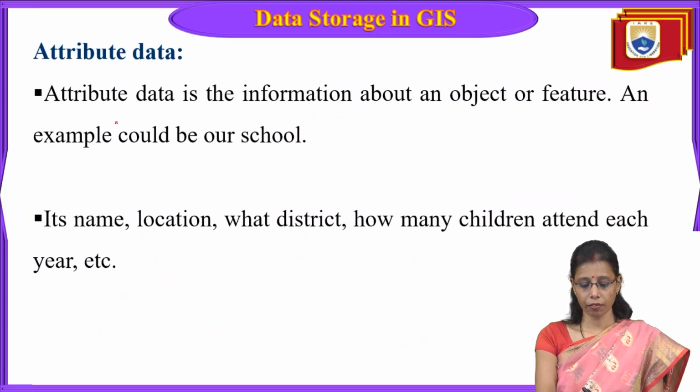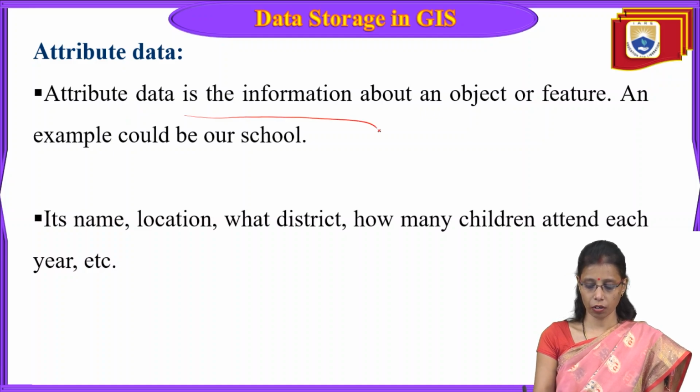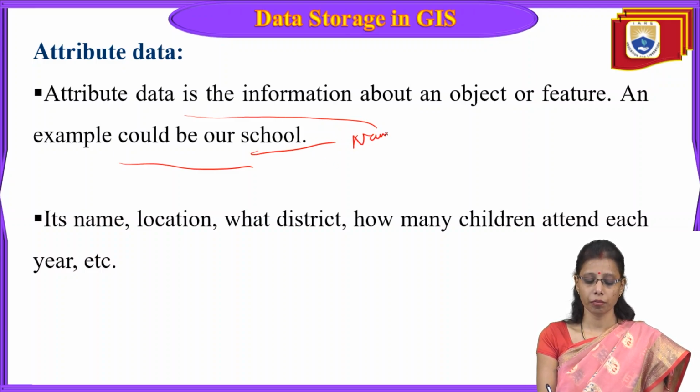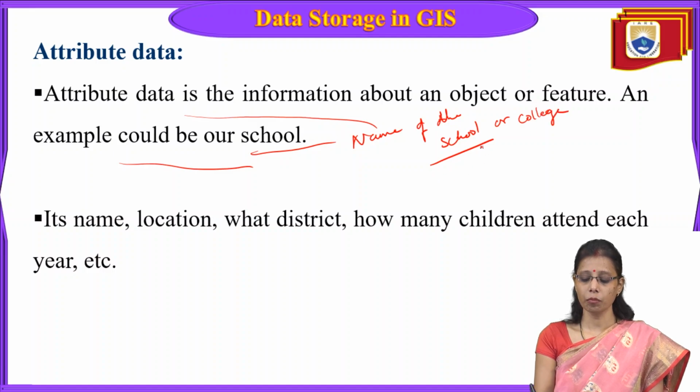Now attribute data. When you talk about attribute data, it is the information about an object or a feature. An example could be our school. Physically, the school is spatial. Now if you write the name of the school or college, that becomes an attribute.